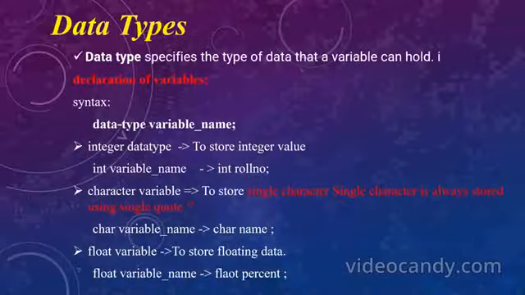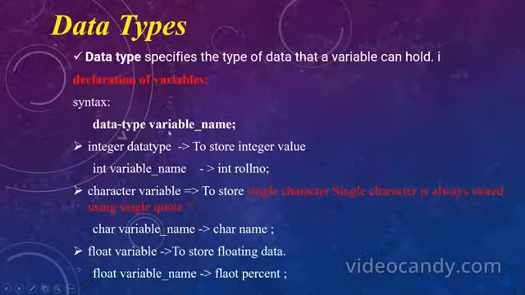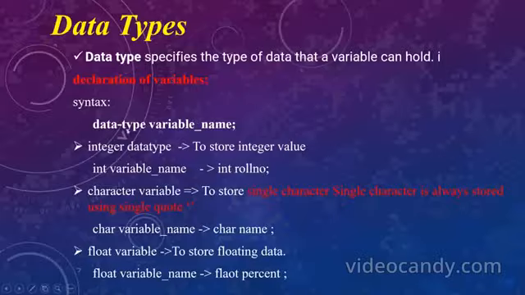The next topic is data types. Data types specify the type of data that a variable can hold. As we just discussed, what value a variable will store is decided by the data type. So the syntax is data type, variable name.